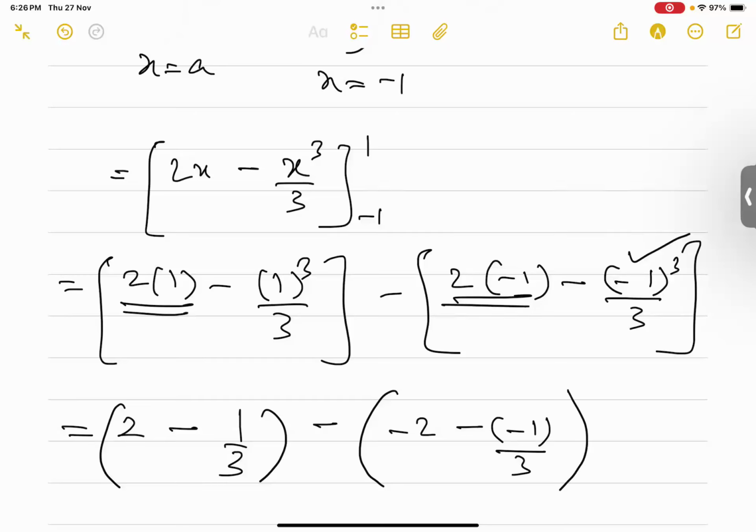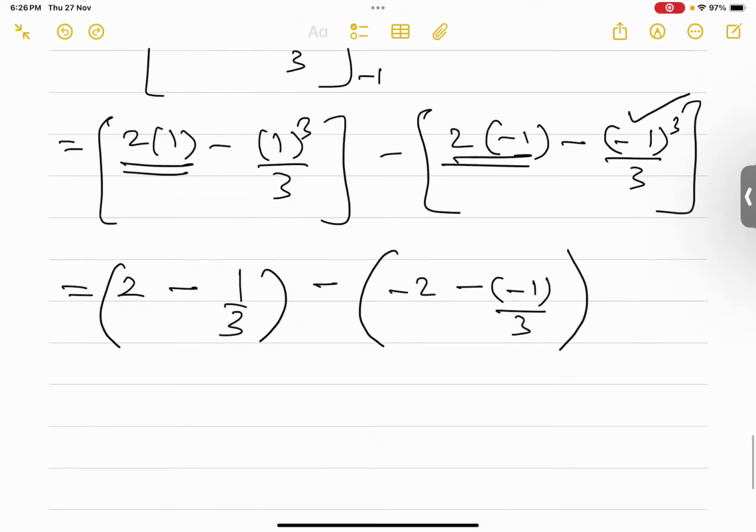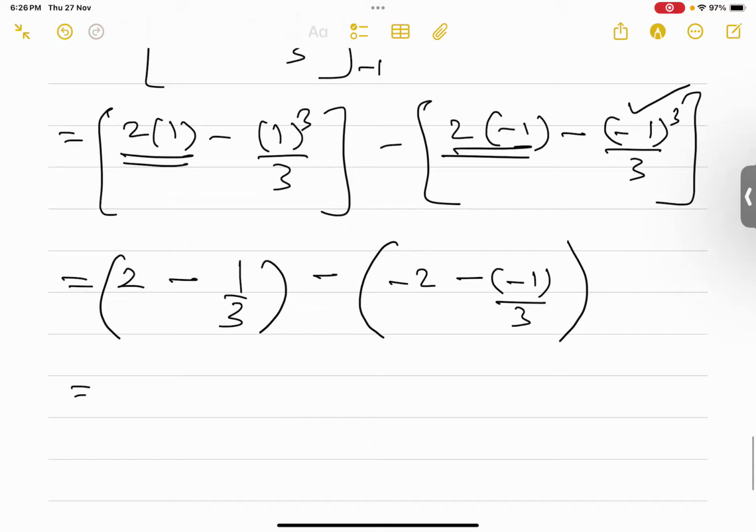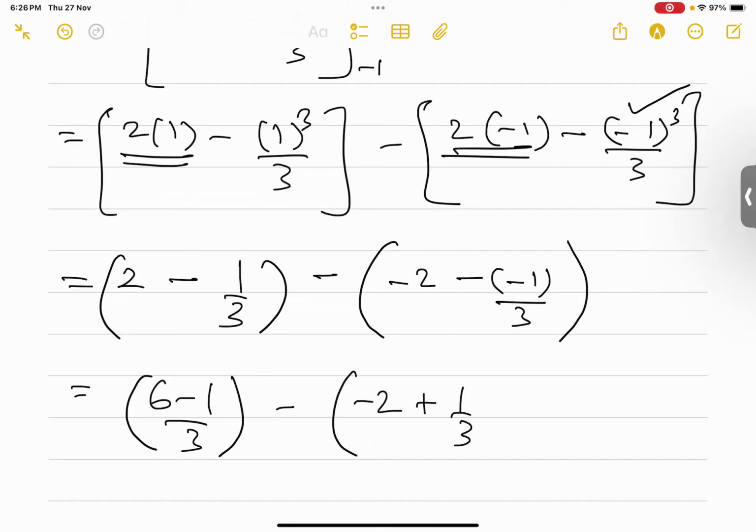This point is very important: don't do minus minus plus initially because minus 1 cube is minus 1. Write all steps to avoid any errors.